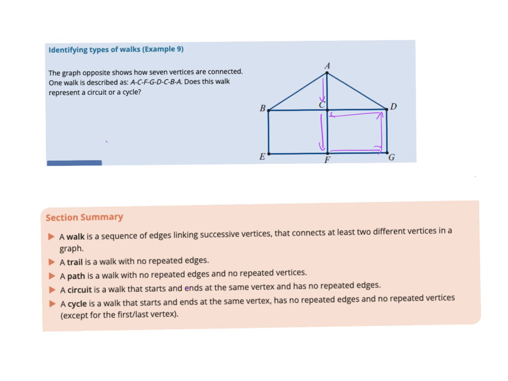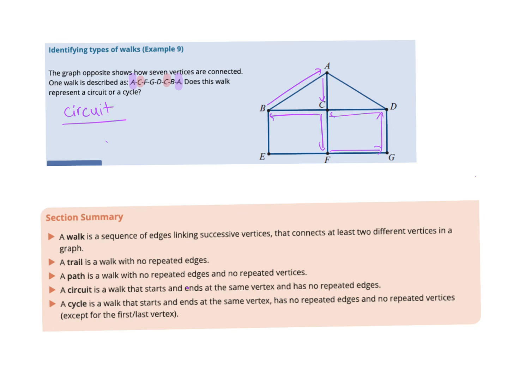So at the moment, it would be a trail. And then we go out to B. But because we go back to A, a trail that starts and finishes at the same place is called a circuit. So this one is a circuit, because we repeated a vertice. And even though we started and finished at the same place, you can see the repeated vertice in there. So that would have to be a circuit.